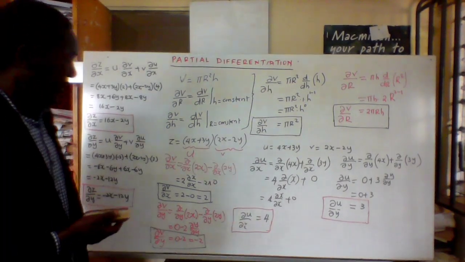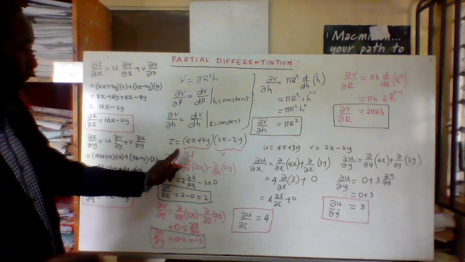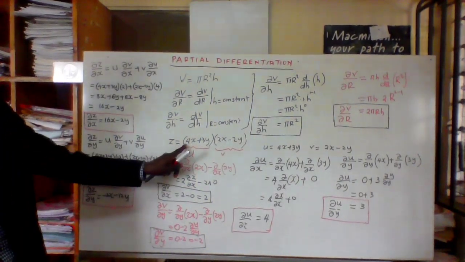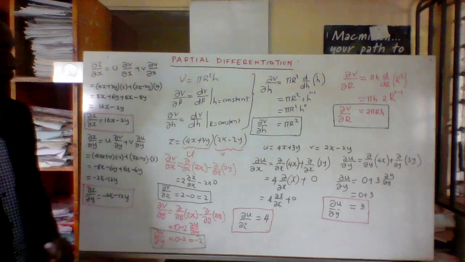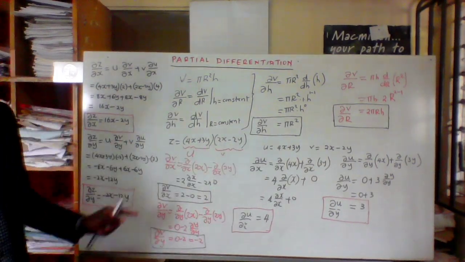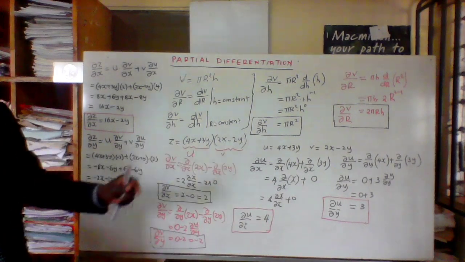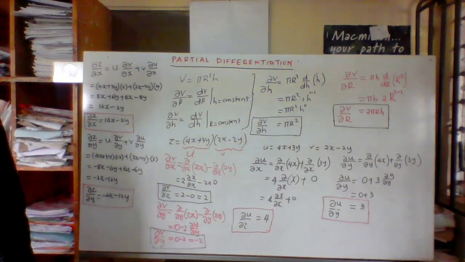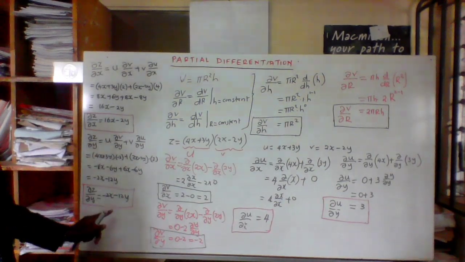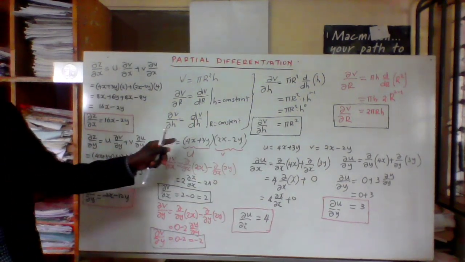So let us do exactly that. First of all, we expand this. So we multiply 4x by this bracket, then we multiply 3y by that bracket, remove the brackets, put like terms together, and then we start doing partial derivative. These are the two that we have obtained using product rule.